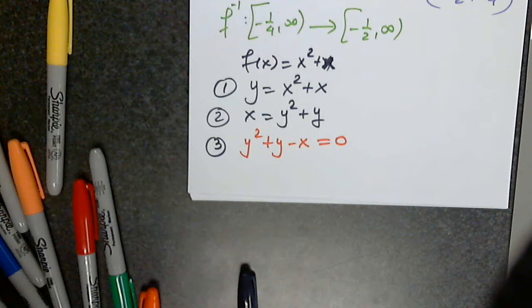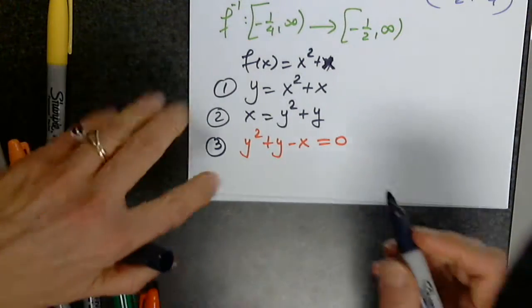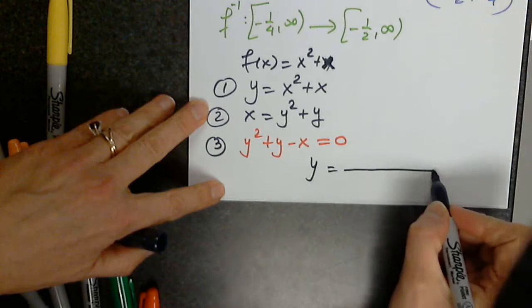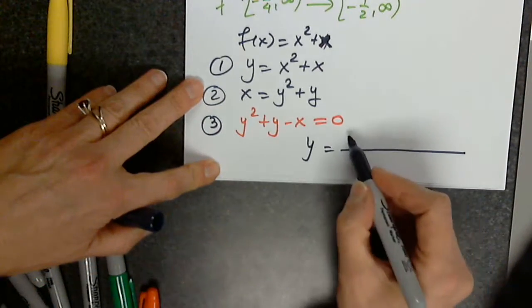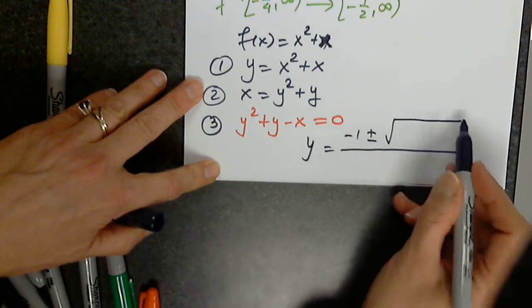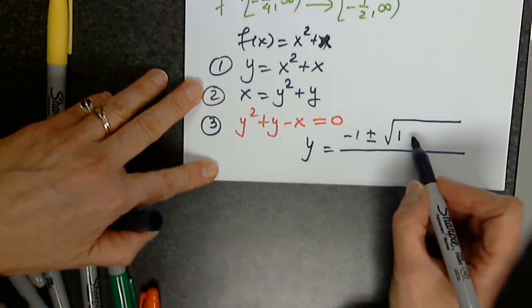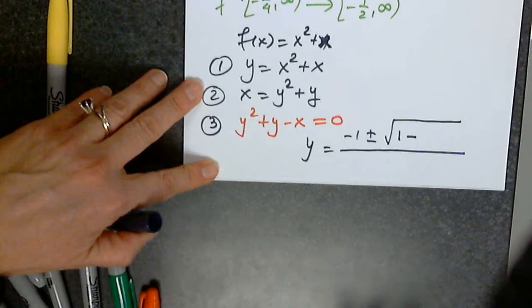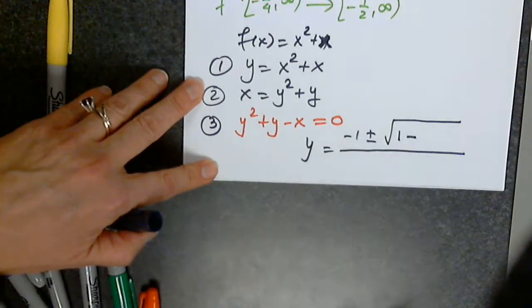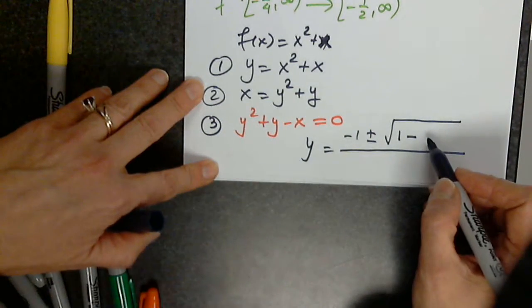So, okay, what do we do here? How do I solve this? I only have one way. So then y equals negative b plus or minus the square root of b squared minus 4 times a times c over 2a.